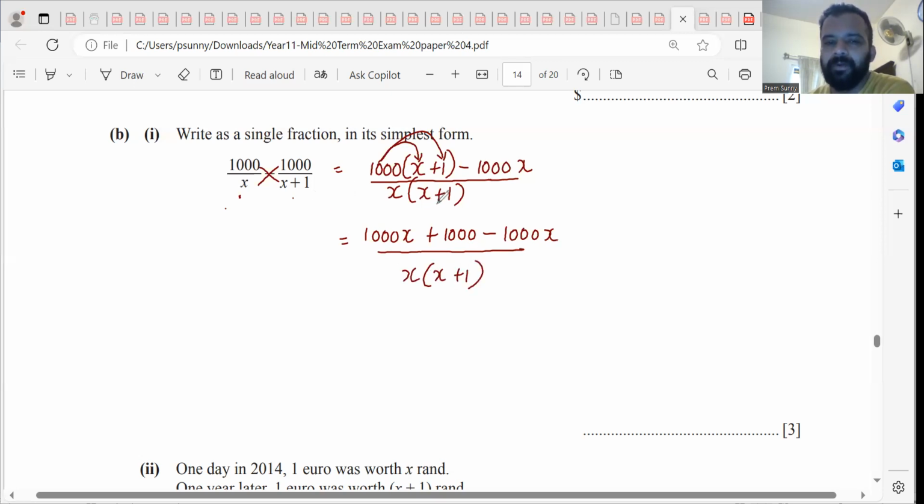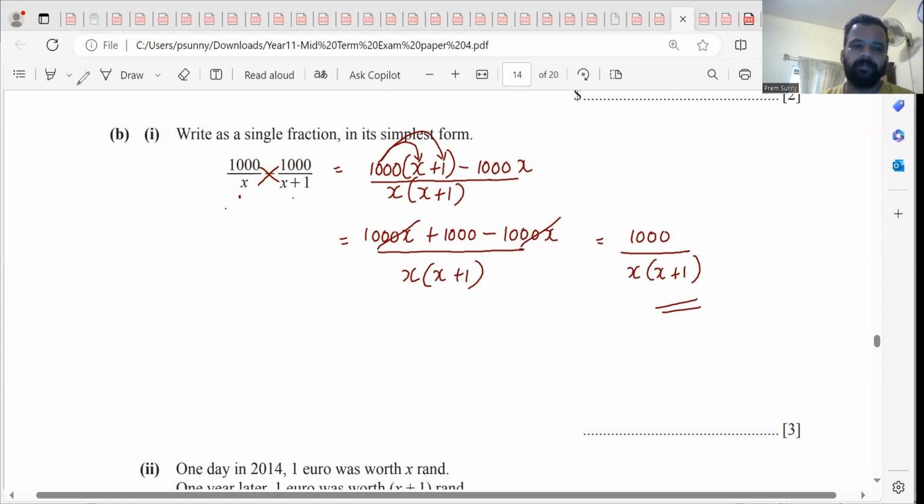If we have two or more than two terms, it is always better to put them in bracket. Keep that in mind. Now, 1000x and minus 1000x get cancelled, and we have 1000 divided by x into x plus 1. This will be the final answer for the B part first subdivision.